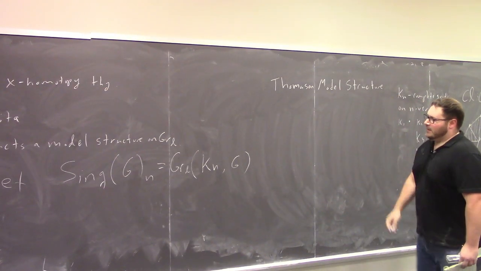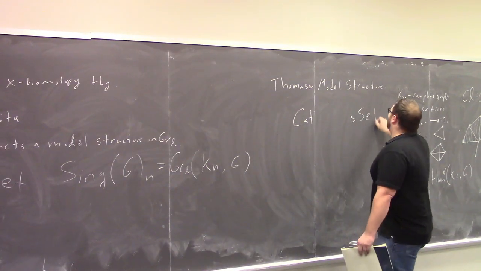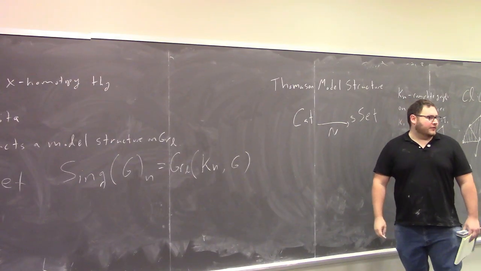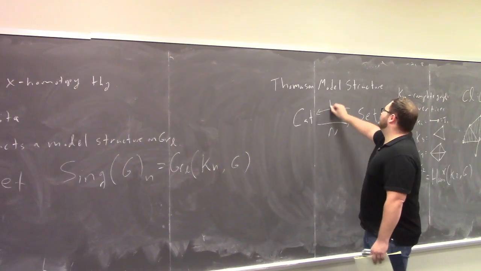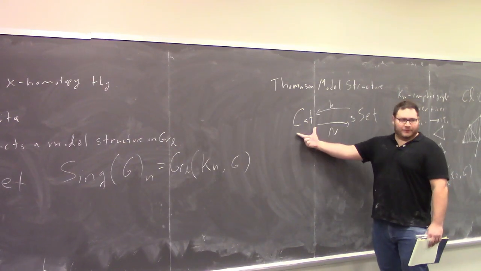So what's the Thomason model structure? I take categories and I take the nerve functor. The nerve functor has a left adjoint called the homotopy category functor. So we know what the nerve functor is.